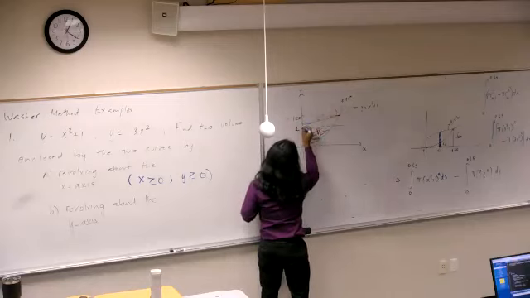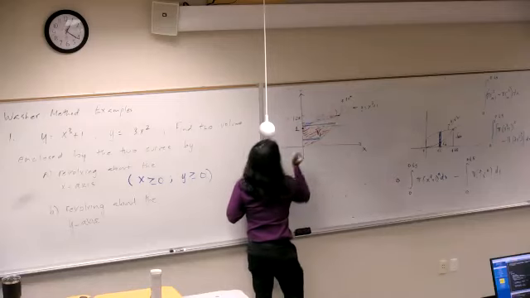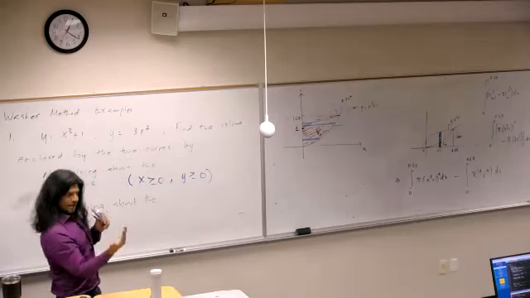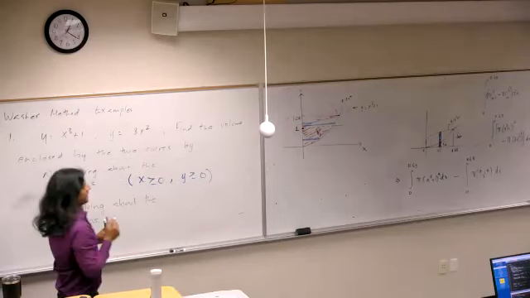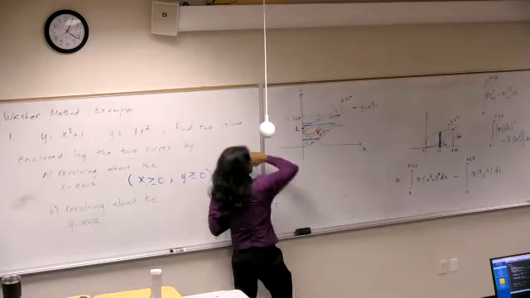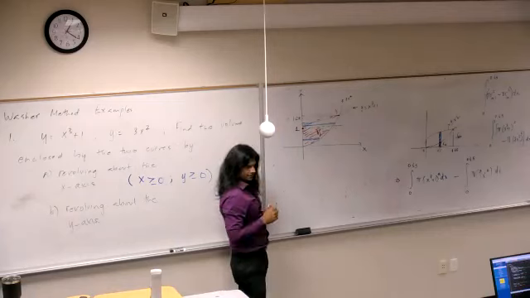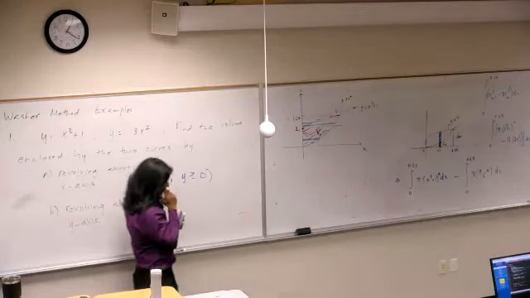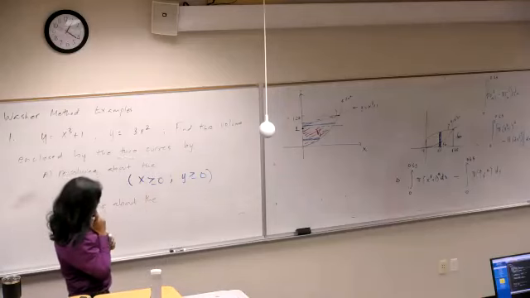The other outer would be that. Inner, outer. When you spin, this part right here is going to get spun around the y-axis. Okay, so that is what's going to form the washer.